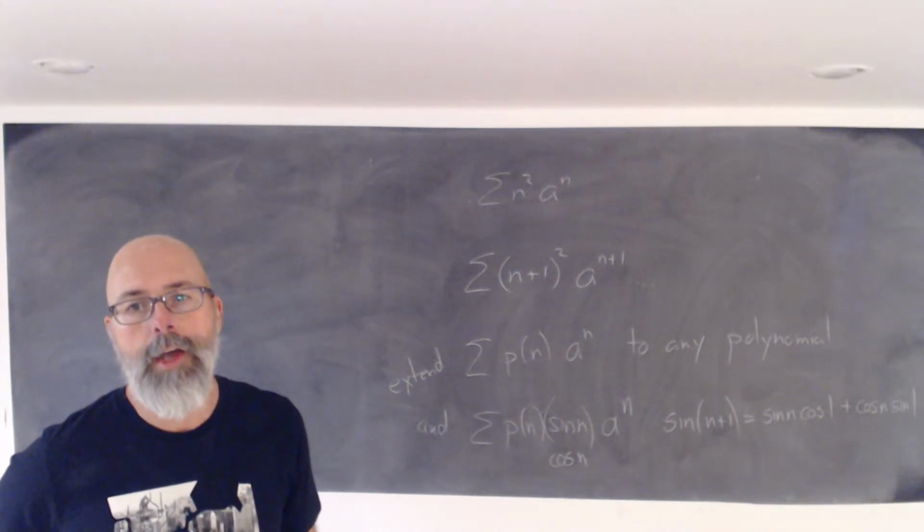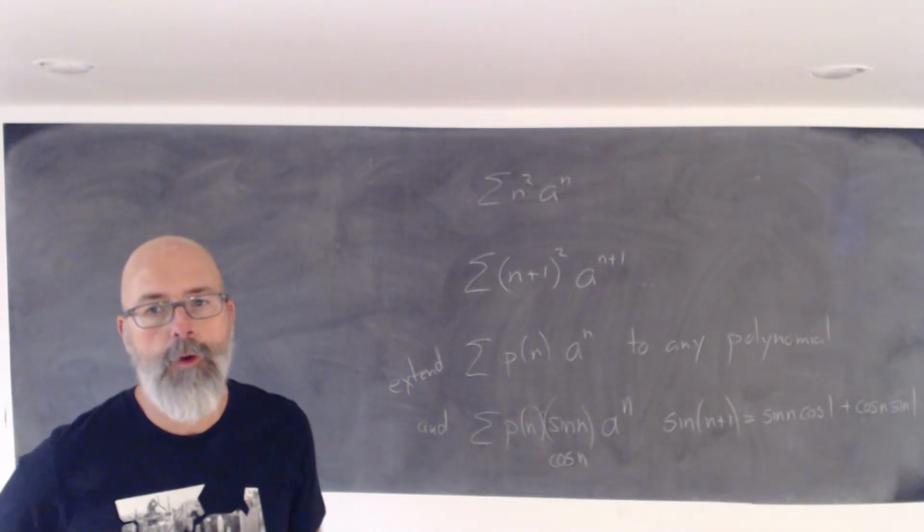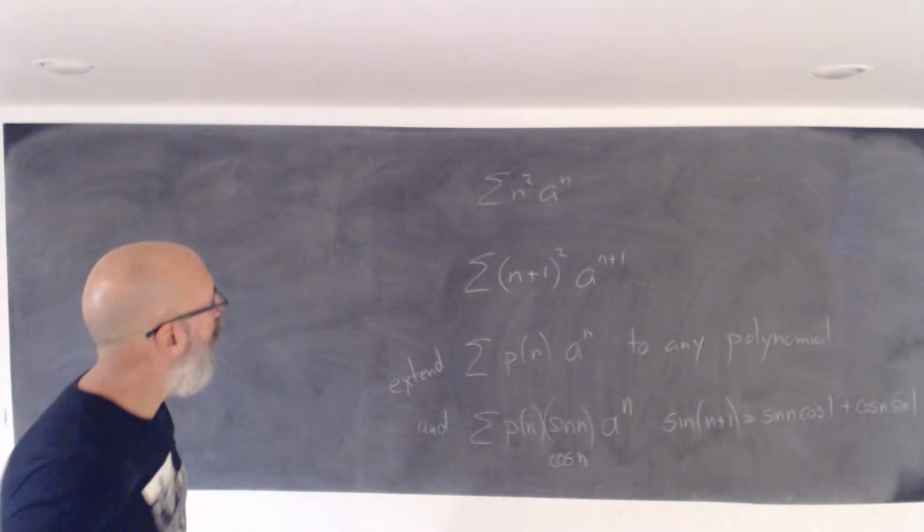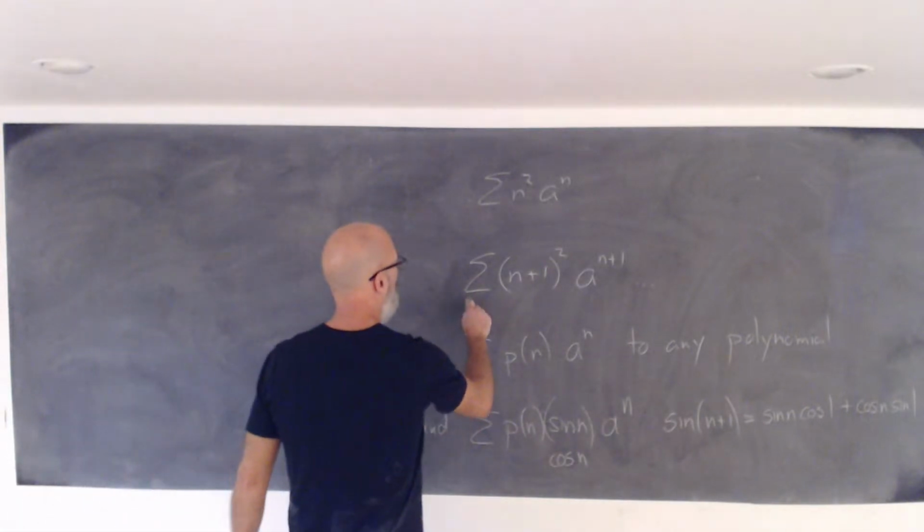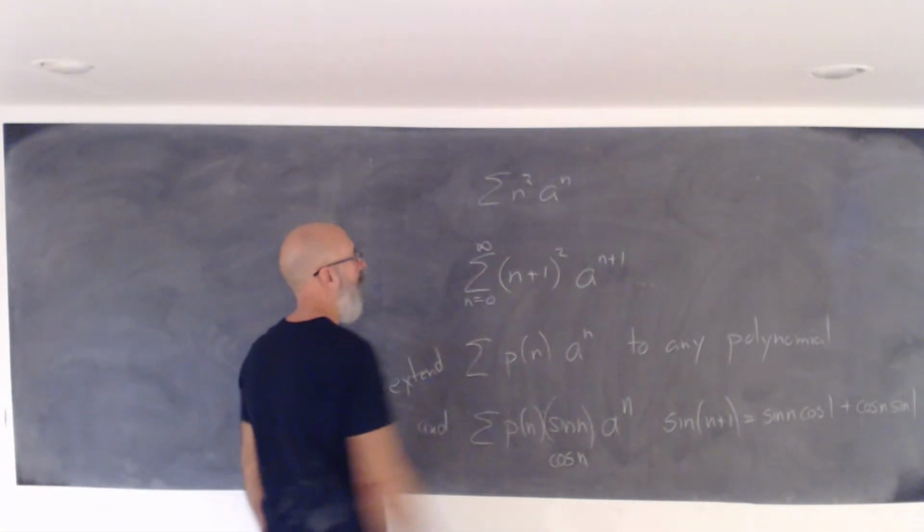Why is the initial index 0 when we substitute for n plus 1? Well, I was saying you start having this at 0.